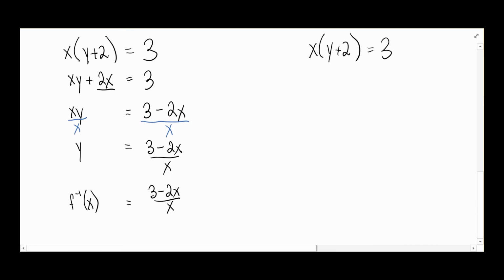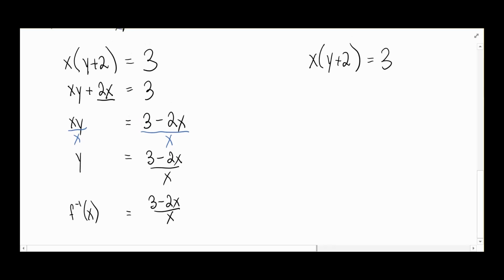There's one answer. Now the other direction we could go, so going back up to the step that we had, x times parentheses y plus 2 equals 3, the other thing we could do in order to get the y by itself is we could have divided by x at this step. We could have said, let's get the x out of there.